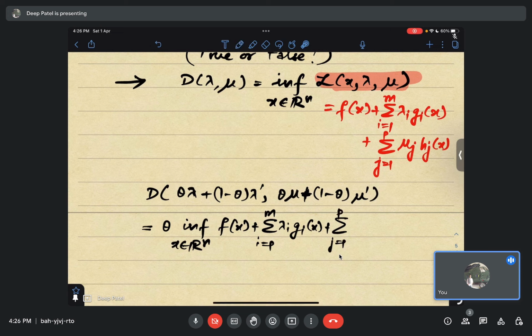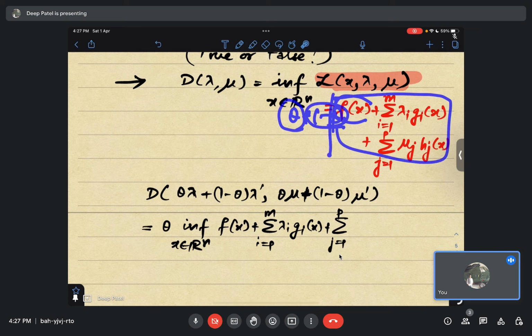So just to clarify, what I've done is I've written this as, here there is a factor of 1, right? So I've just written it as theta plus 1 minus theta, and then theta plus 1 minus theta. So for the theta we will get this summation. Similarly for 1 minus theta we'll get a similar summation. So I'm just doing that.